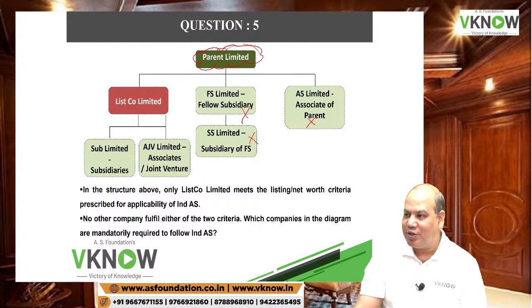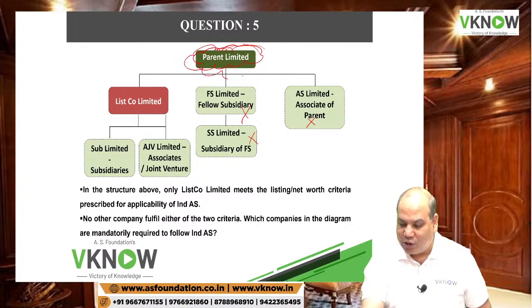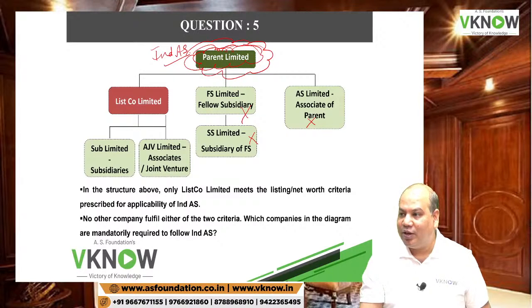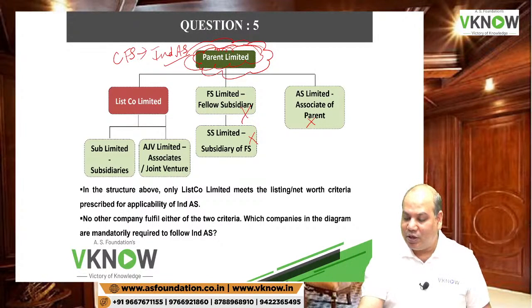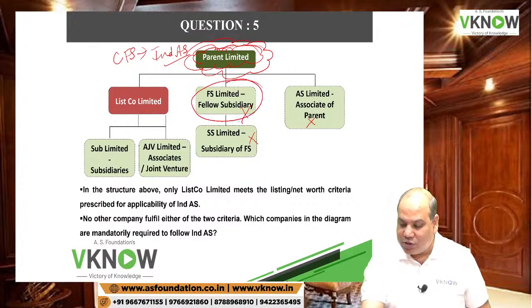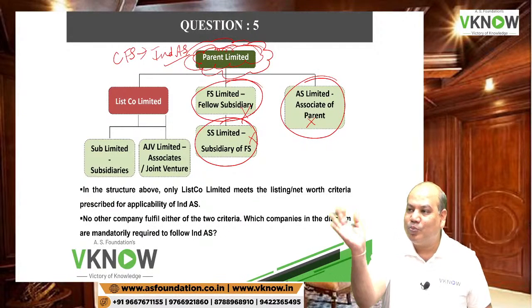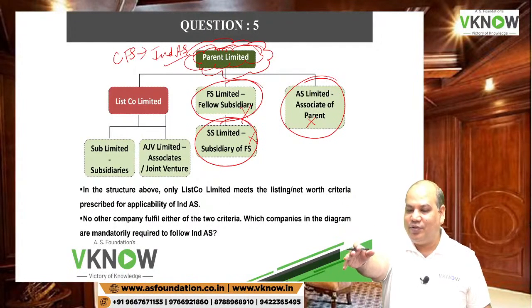But now there is a problem. What is the problem? This parent company at the top is now going to apply Ind AS. Since it is going to apply Ind AS, it will prepare CFS under Ind AS now. To prepare CFS under Ind AS, these subsidiaries and this associate must also provide data under Ind AS.